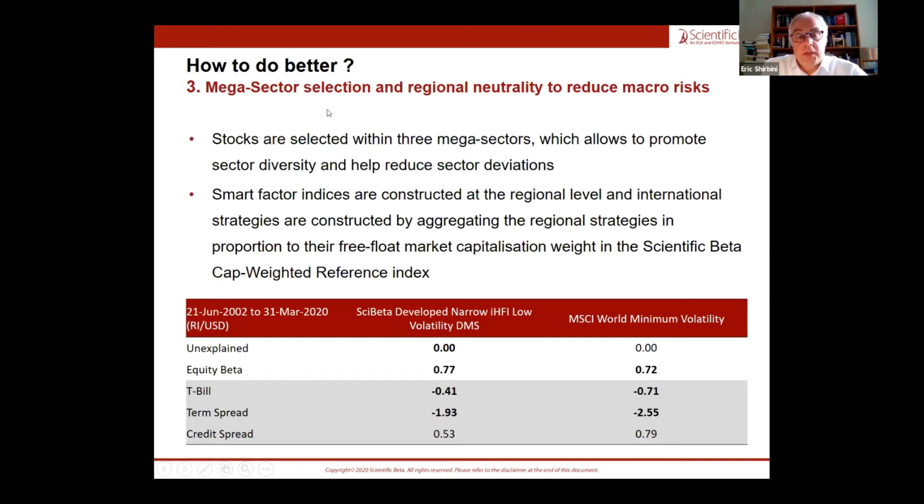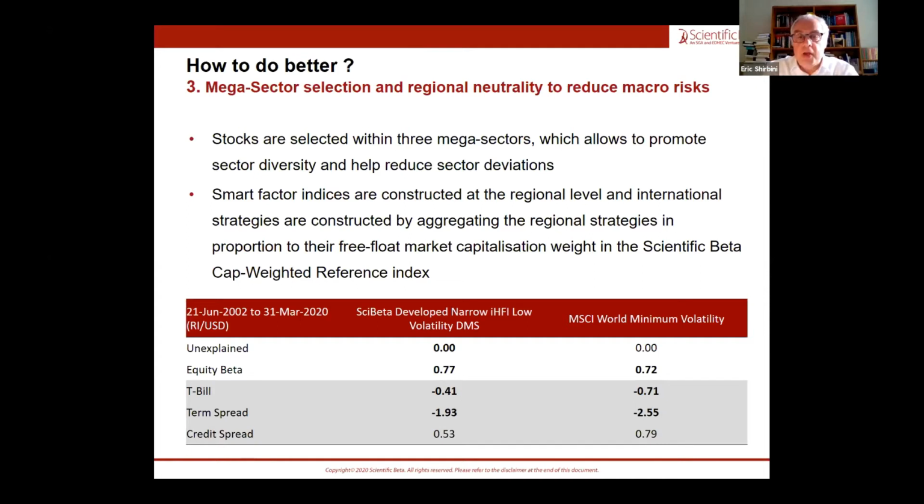Furthermore, when Scientific Beta constructs its strategy by selecting companies on a regional basis, those companies are selected across three major mega sectors, we call them. So essentially we take the regional universe and divide it into three major industry groupings. We do our stock selection and our filtering within each one of these mega sectors.